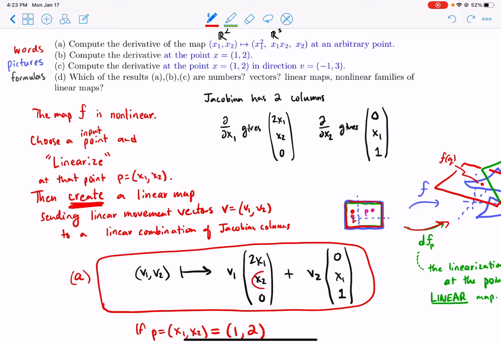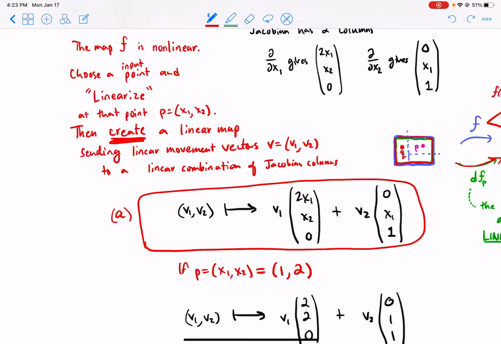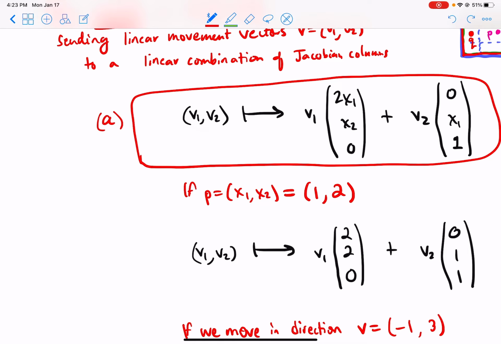Arbitrary point means I did not actually plug in values for the input points yet. And so when I look at this, it's not yet a linear map because v1 and x1 are multiplied together, v1 and x2 are going to be multiplied together, and that's not linear. It's like degree 2 quadratic.